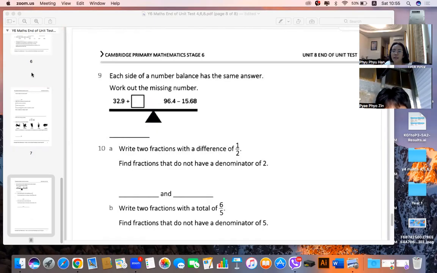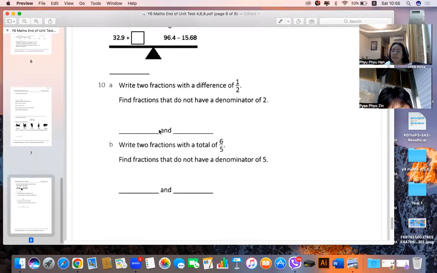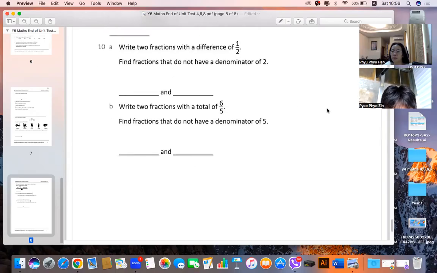And number 10, it says find the fraction with a difference of 1/2. And they ask not to write with the denominator of 2. So we can think of other denominators like 4, 6, 8. And this one also, when we add, we will get 6/5, and it must not have the denominator of 5.